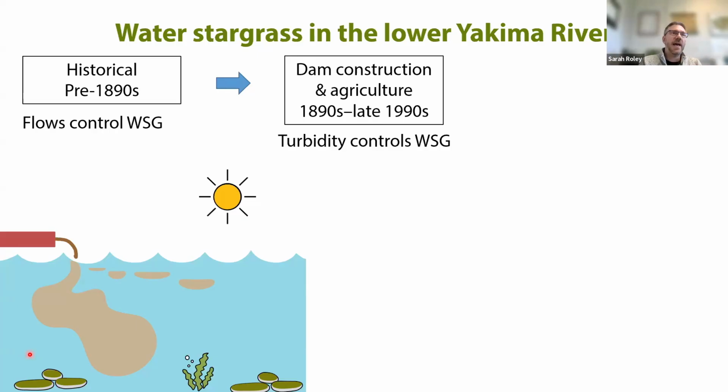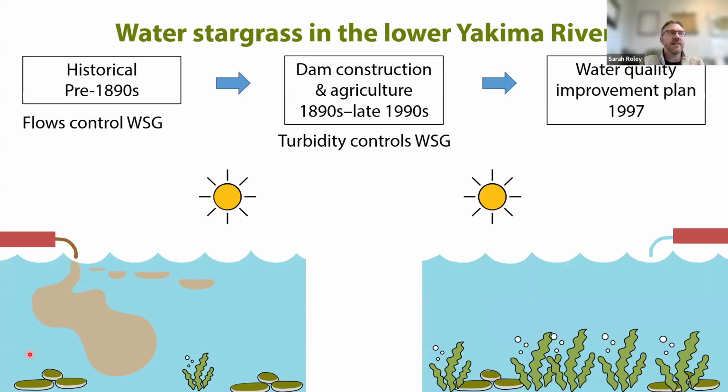However, in 1997, the Department of Ecology put a water quality improvement plan in place, and they got most growers to switch over to more efficient methods of irrigation. And within a few years, they managed to clean up the river quite dramatically.